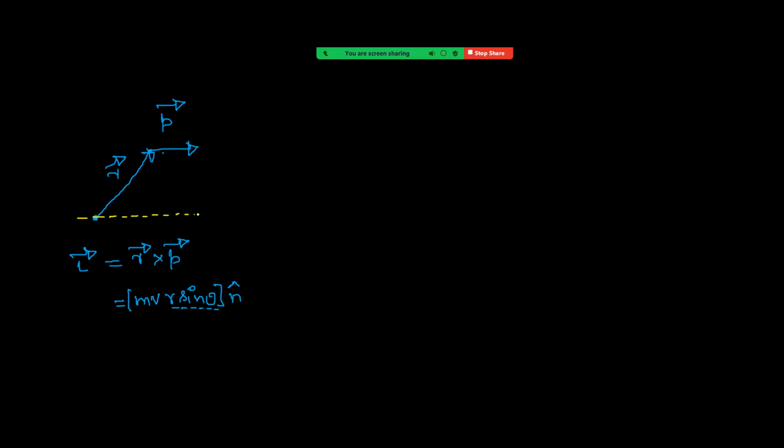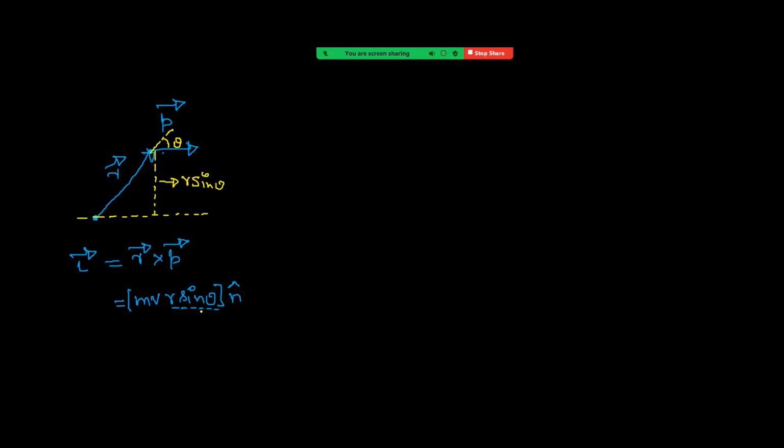Then the distance between that line and this momentum vector is r sine theta. Okay. And you can see angle theta, that is the angle between the vectors r bar and p bar. Okay. So simply writing m into v into r sine theta into n cap.